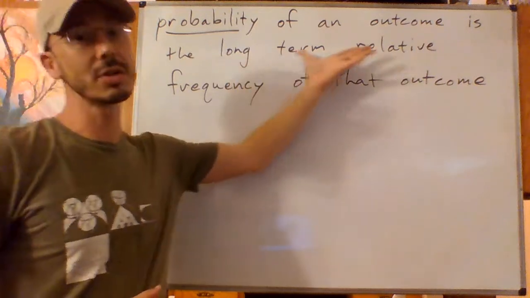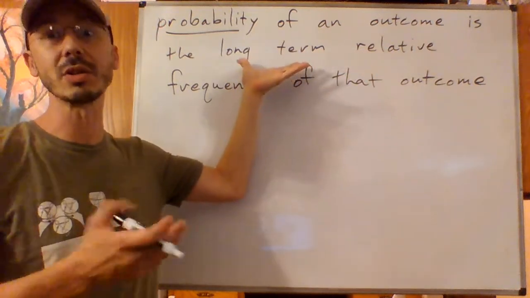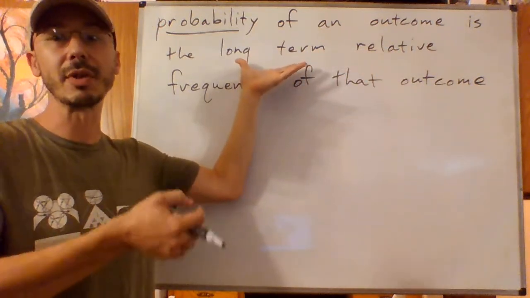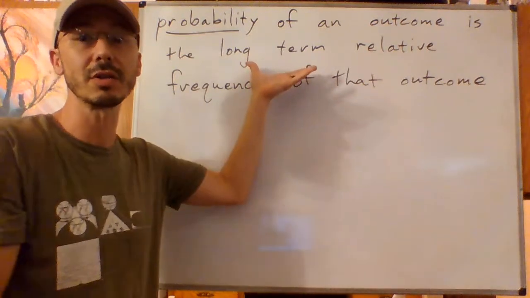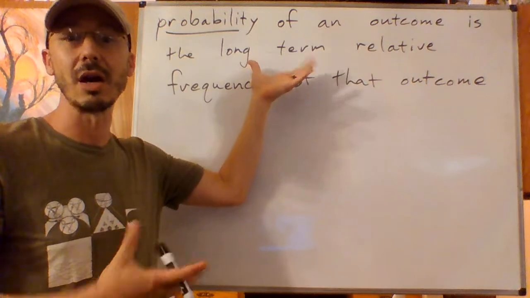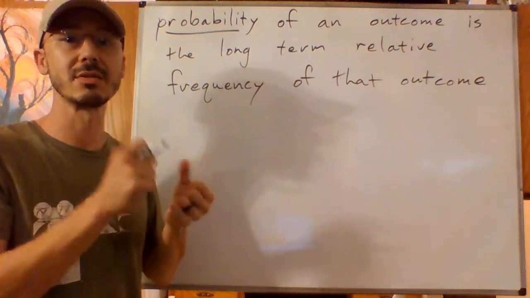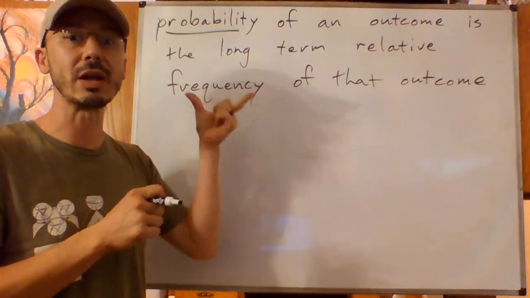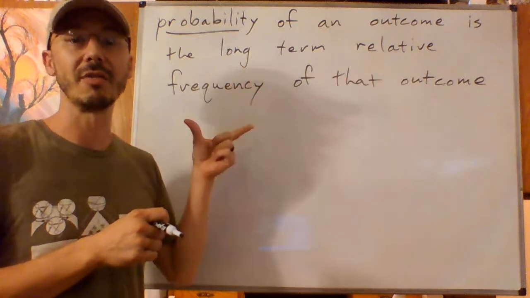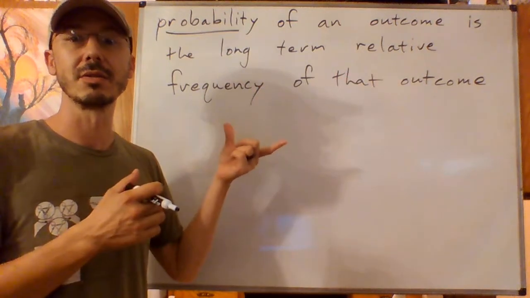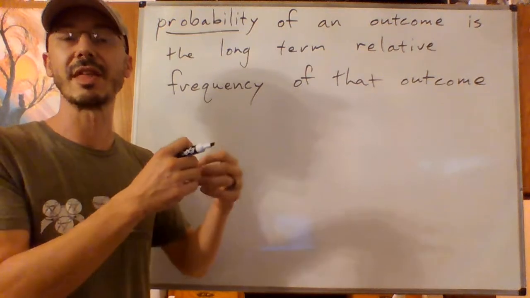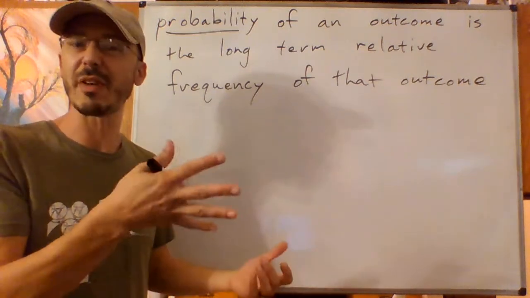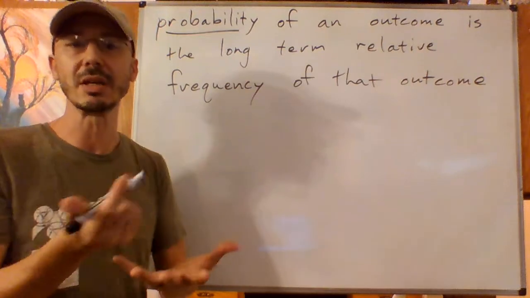It's the long term. So imagine the coin flip. If I flipped the coin 100 times or 1,000 times, that's kind of long term. And I would expect to get about half heads. That means the relative frequency of heads is 1/2. If you think of the 1,000 coin flips, about 500 out of 1,000 will be heads.